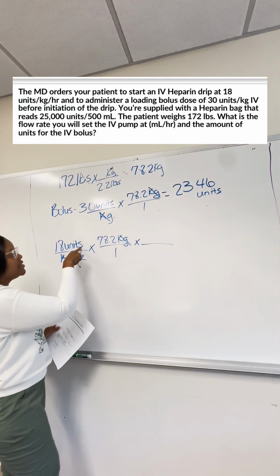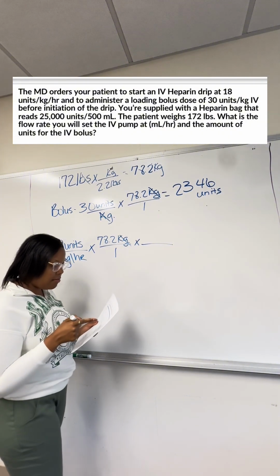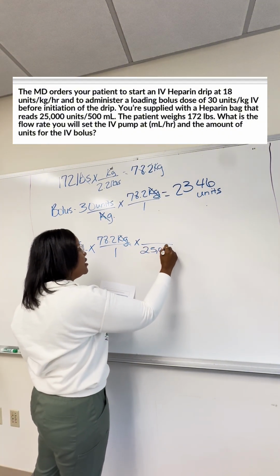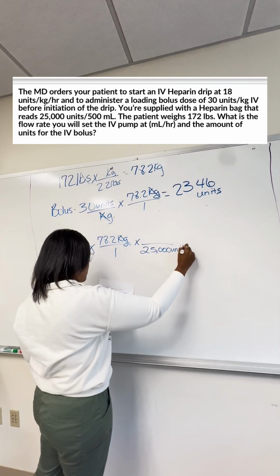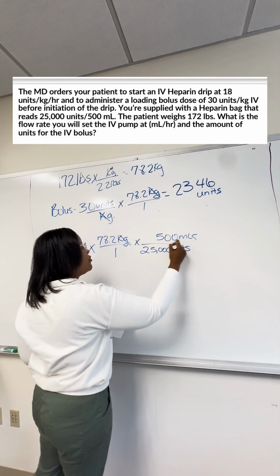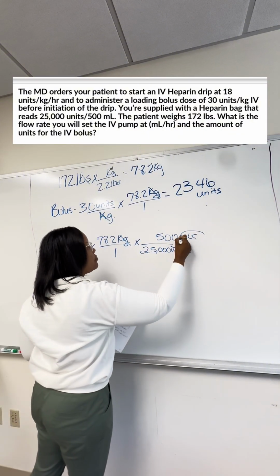So we know that units have to be on the bottom in order to cancel out. So we go back to our problem, and it says that we have 25,000 units per 500 mLs. So units cancel out, and we're left with mLs per hour.